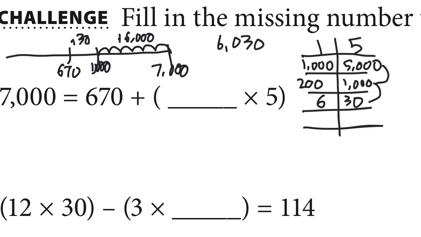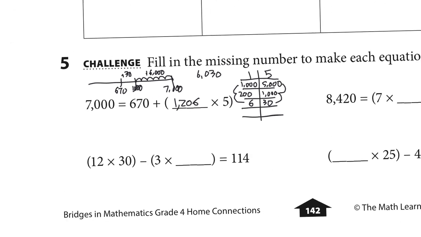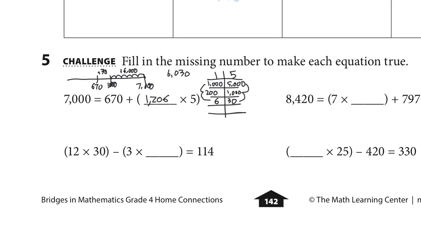Now I'm at 6,030, which means if I add all of these, 1,206, I know that would calculate to this 6,030 that we need to add to this 670 to get a total of 1,000. So once again, these are challenge questions for a reason, because you've got quite a bit of work to do.